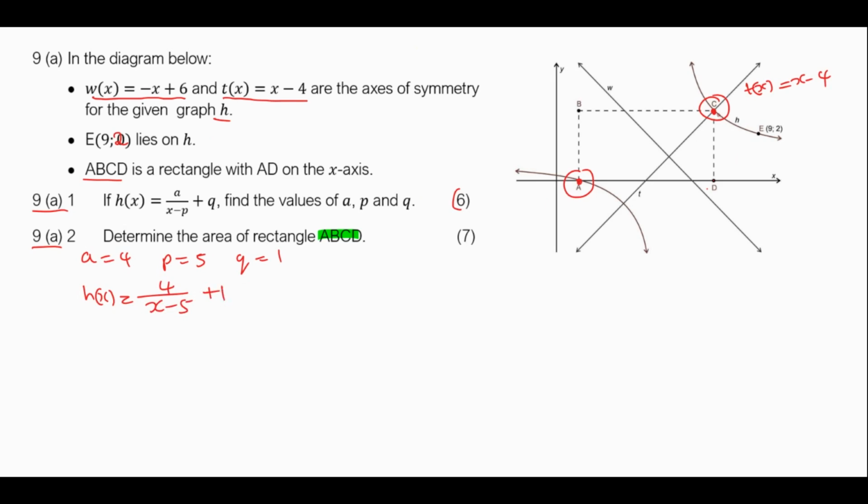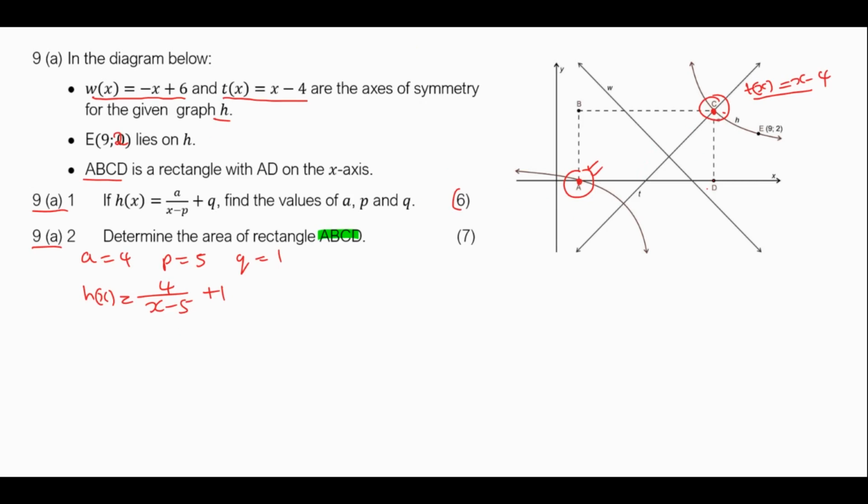So C is the point of intersection of H of x and T of x. We can find the coordinates of C there. And then A is the x-intercept of H of x. So we can find the coordinates of A. Let's start by finding the coordinates of C.